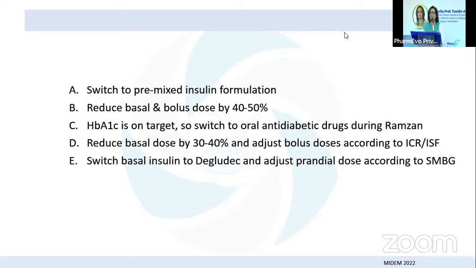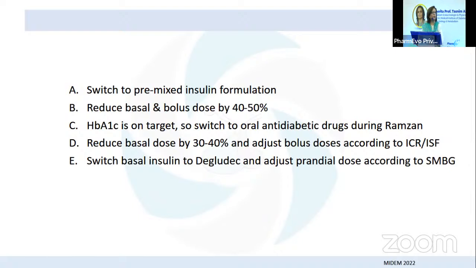Why not? Suppose it was available. What would you do then? D is the best option, but I want to know why is E not an option? Prandial is adjusted in both, D and E, but why is this not an option?